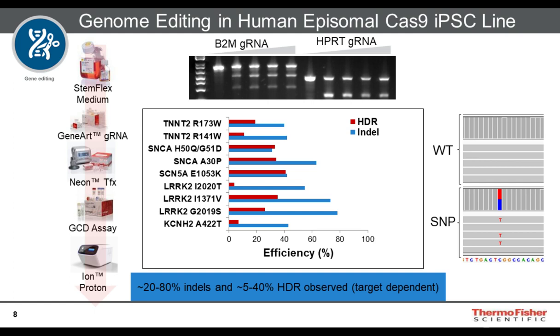And as you can appreciate, that number is highly target dependent. Furthermore, when we look at SNPs, we typically get somewhere between 5 and 40% homology-driven repair. So the Cas9 iPSC line is really an efficient tool to introduce a high number of mutations using one donor background.